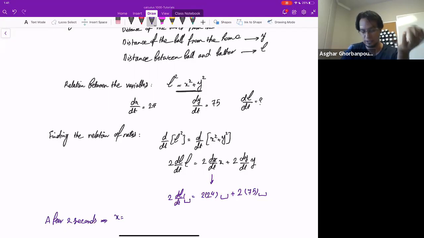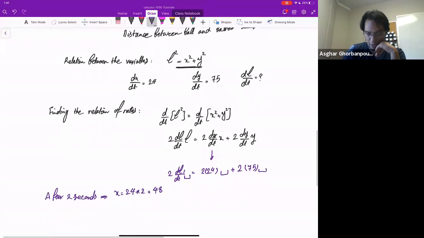That's how fast he runs, yes? So this is 48. How about y? Well, the ball is flying away with a speed of 75 feet per second. After 2 seconds, it will be 150 feet away from the home. Okay, so I know now what to put here and here.